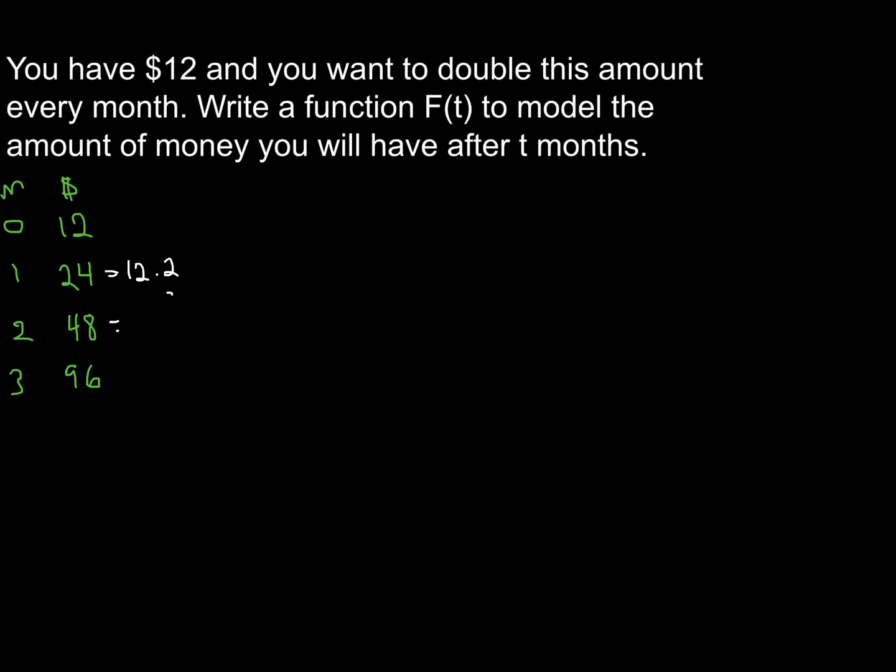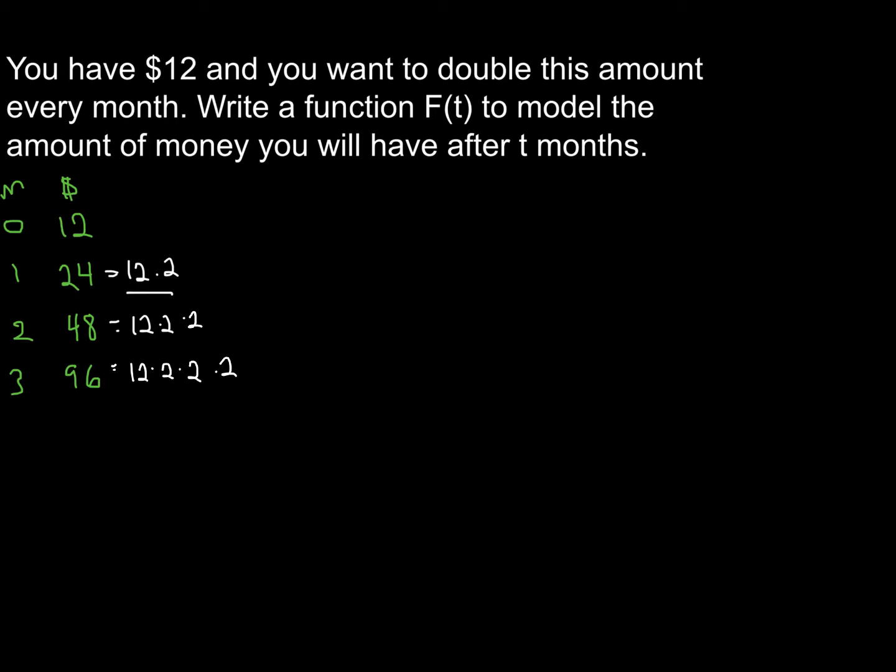Well, you took what you had before, 12 times 2, and you doubled it. In other words, you multiplied by 2. And then you got 96 by doubling that. So you had 12 times 2 times 2, that's the 48, and then you multiplied by 2 again.